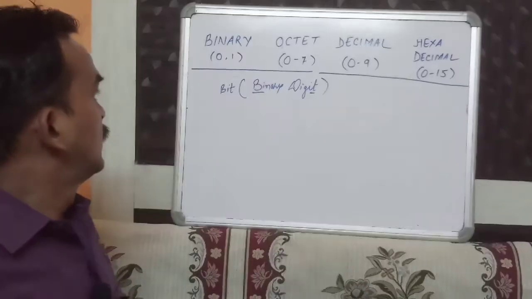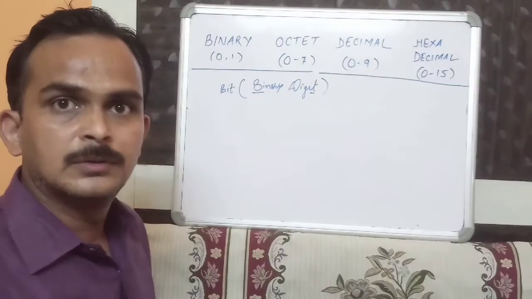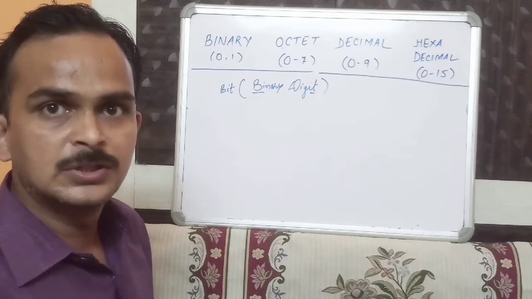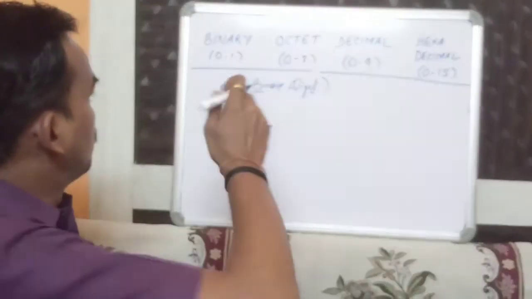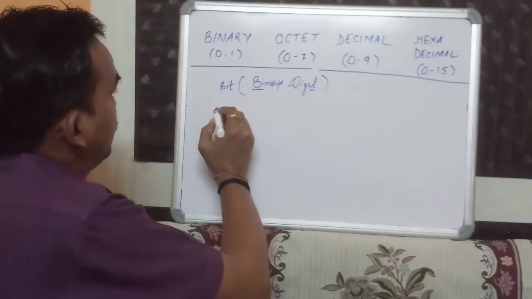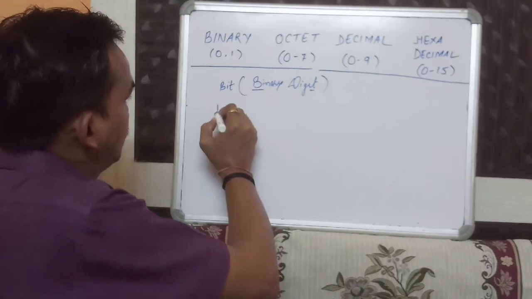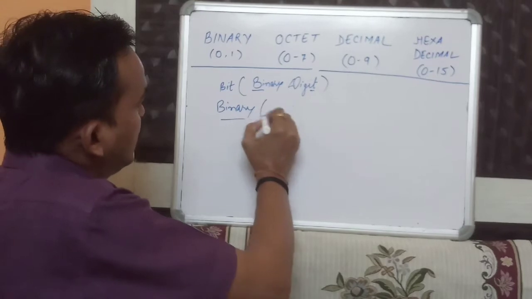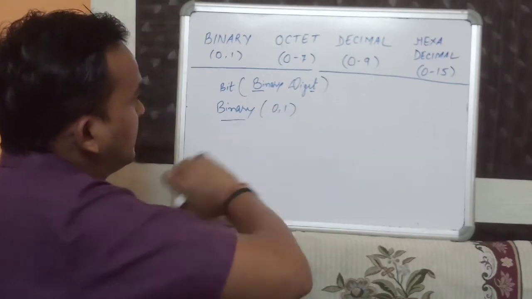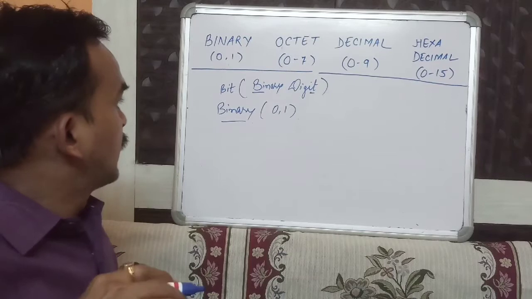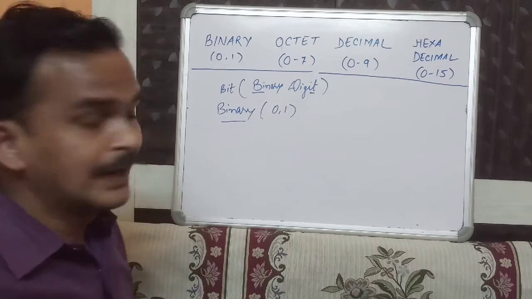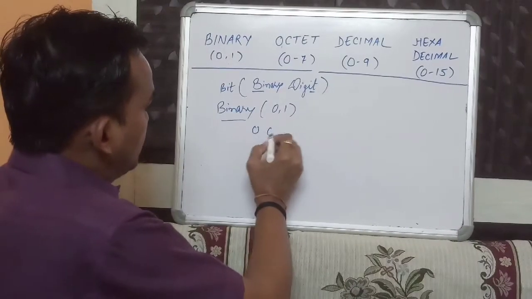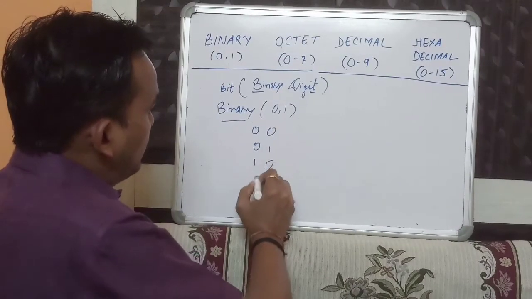Now in a computer, many combinations of bits are used, like binary. In binary we have a combination of 0 and 1. So in binary we find the possible combinations of 0 and 1, like 0 0 0 1 1 0 1 1.